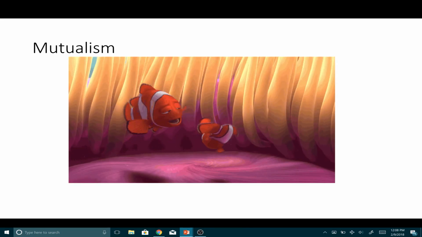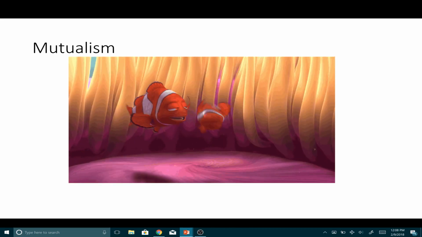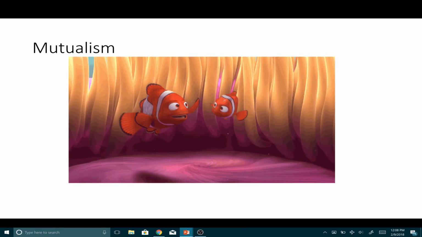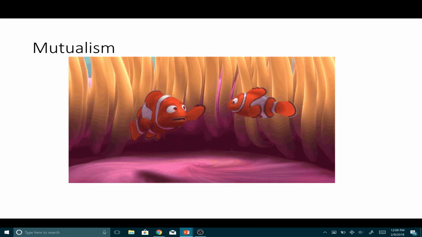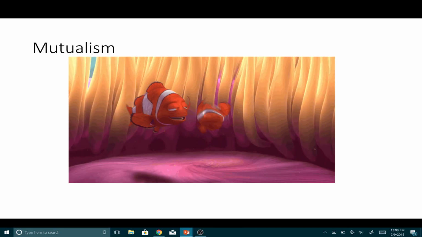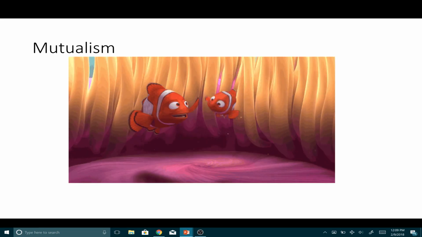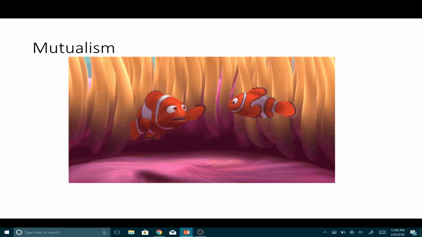So these tentacles that you see here will have stinging cells called nematocysts, and these nematocysts protect the sea anemone, which is the home to these clownfish, and they also protect the clownfish by stinging anything that comes in contact with them.